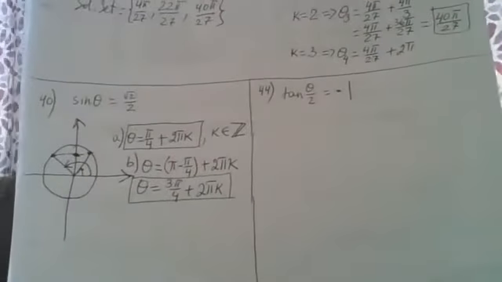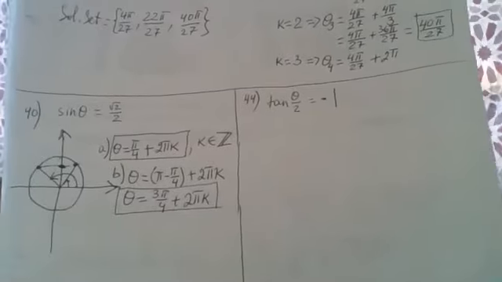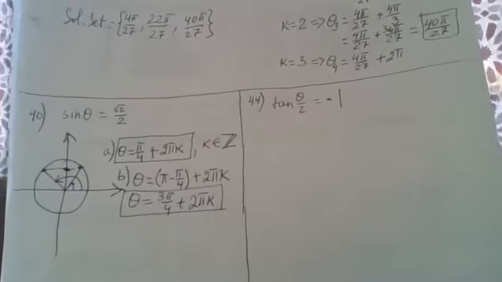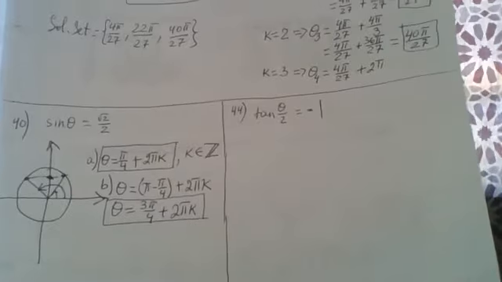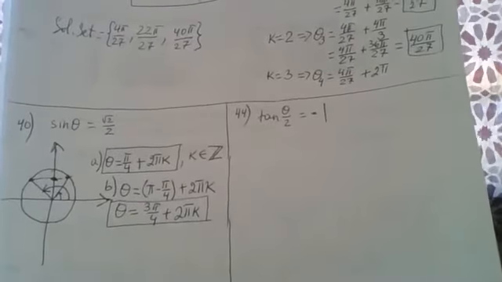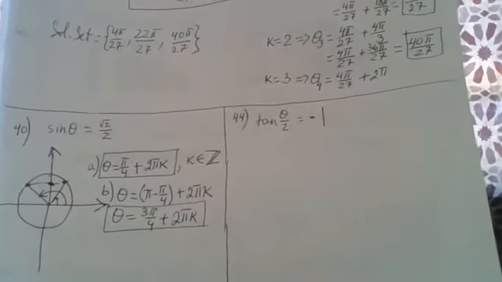And now we are going to move to the second stage. We need to list 6 answers. Are you ready? Let's start with, let's say, k equal to 0. Plug into both families. What do you have? Theta 1, is it pi over 4?